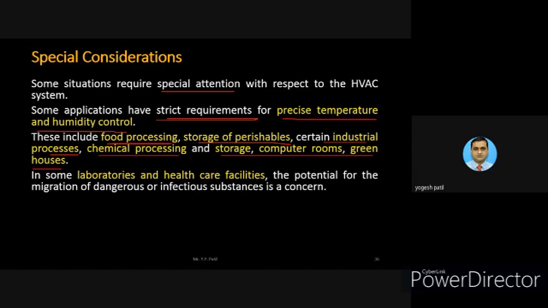In some laboratories and healthcare facilities, maybe hospitals, blood testing labs and all that, the potential for the migration of dangerous or infectious substances is a concern.